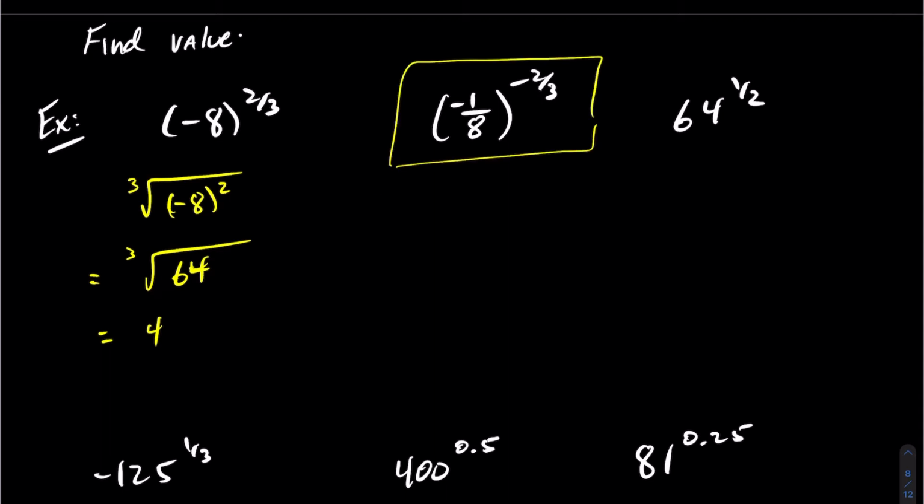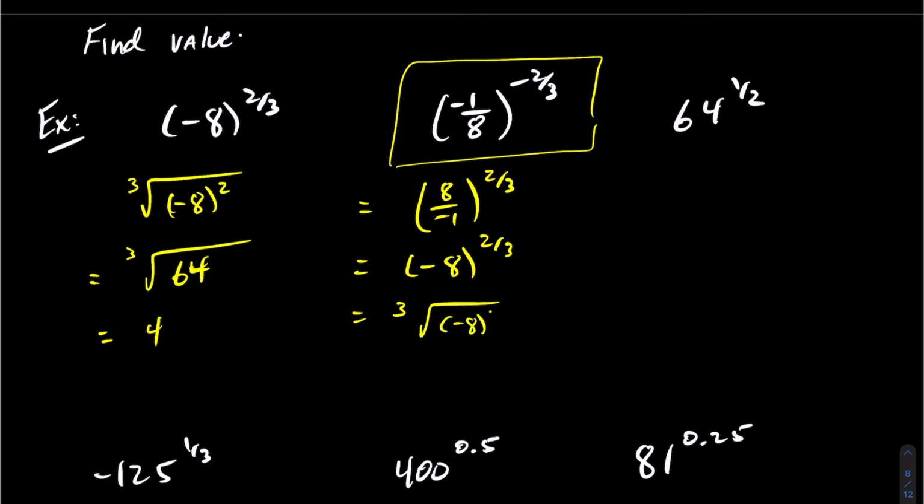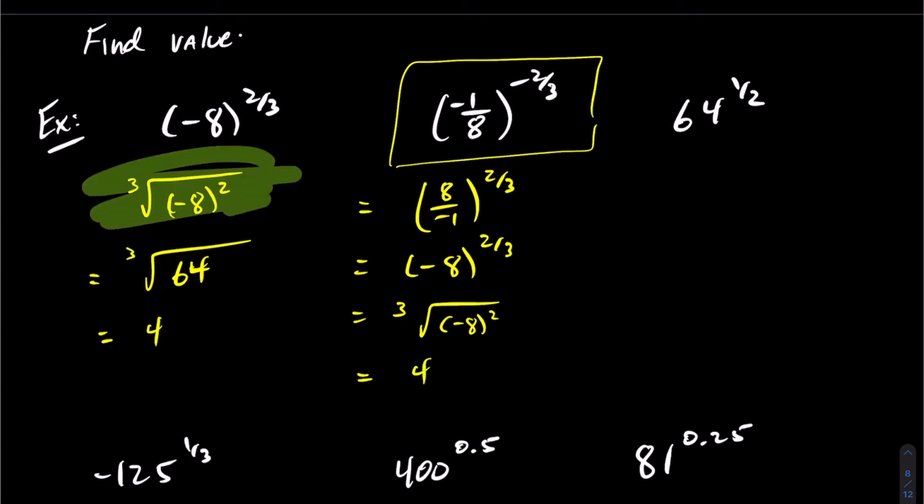This question here, we have a negative exponent. If you remember, when you have a negative exponent, you can just flip it and change that sign to positive. Now this would be equal to -8 to the 2/3. And now we would have the third root of -8 squared, which again is going to be 4. It's the exact same question as we just had here, if you notice. They just kind of rewrote it in a different form.